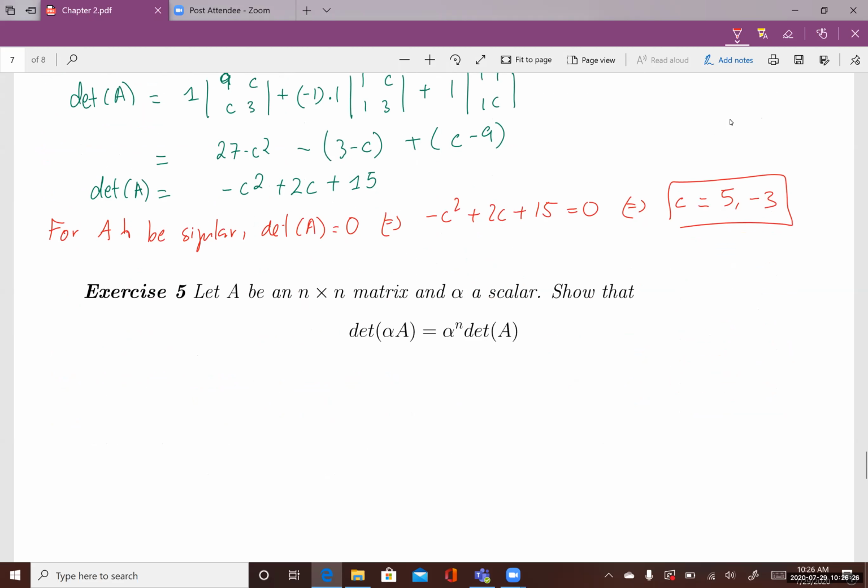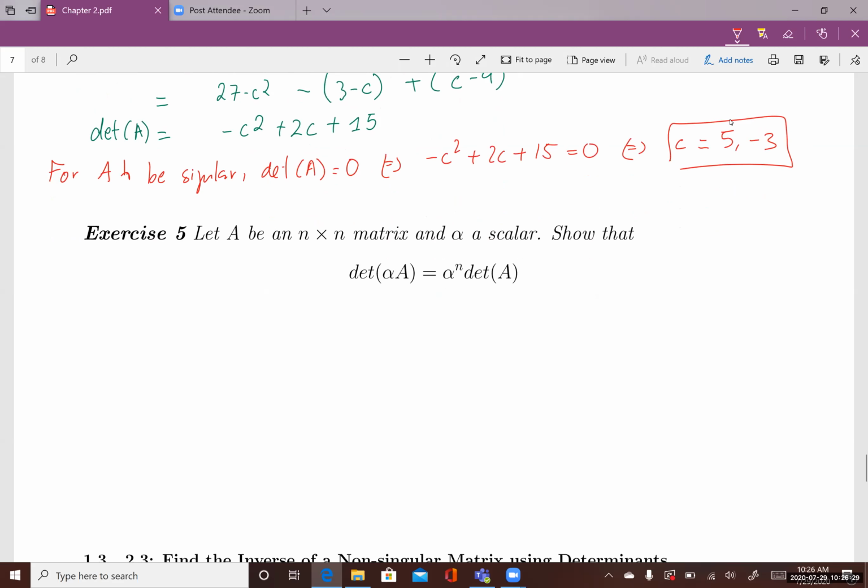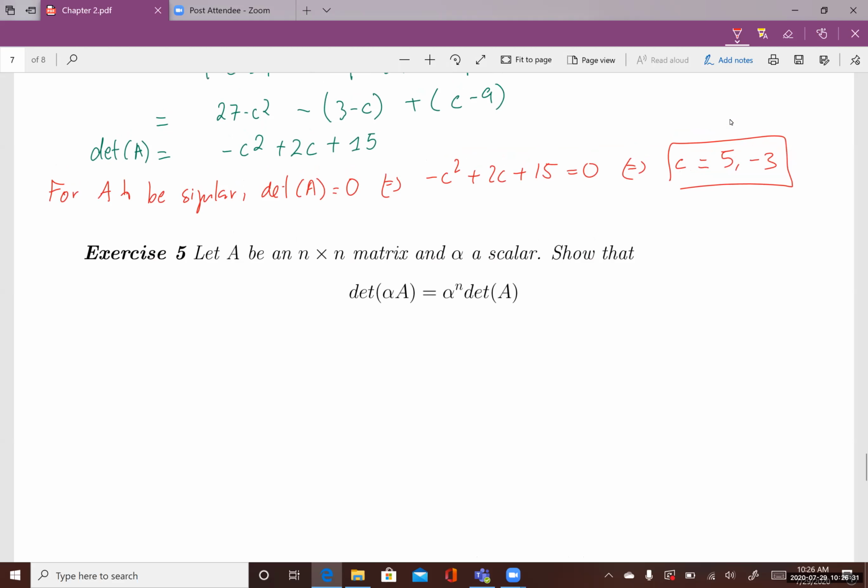The next exercise for you: let A be an n by n matrix and alpha a scalar. You want to show that the determinant of alpha times A equals alpha raised to the n times the determinant of A. So let's say A is this matrix.